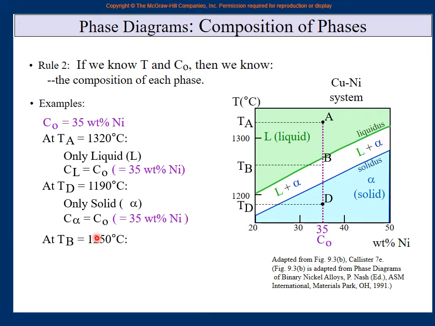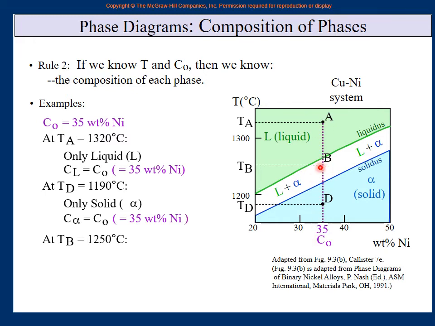We take the temperature of 1250 Celsius. So we go inside, it means it is liquid and solid alpha. Once it is liquid and solid alpha, we will have to draw a tie line here and then find the compositions, right? If it was only one solid or only one liquid phase, the composition is the same.